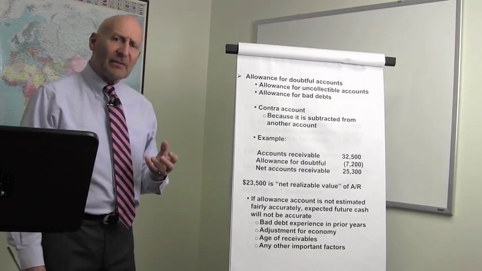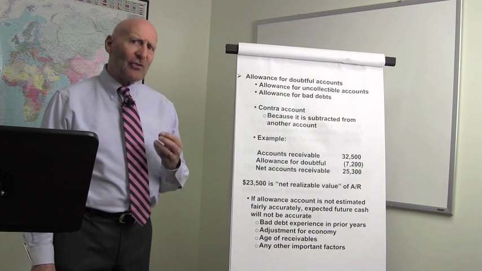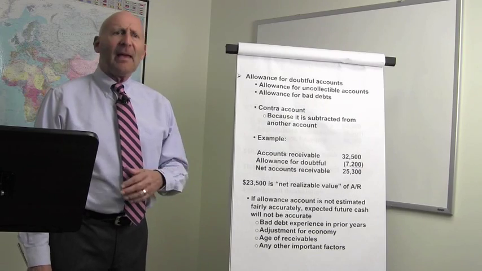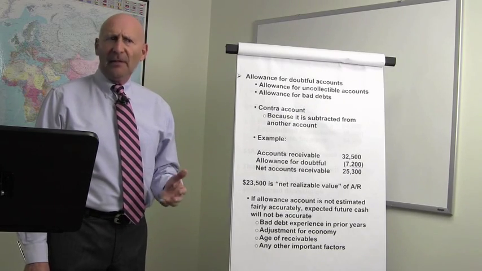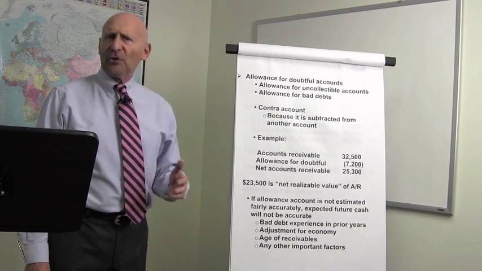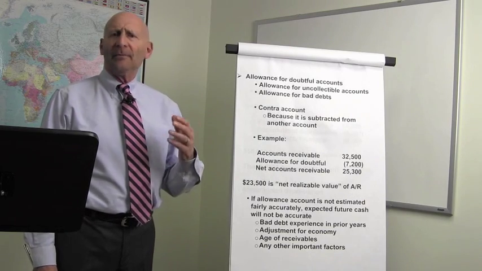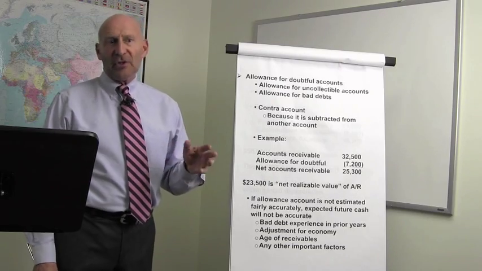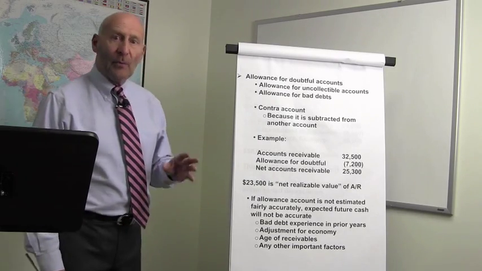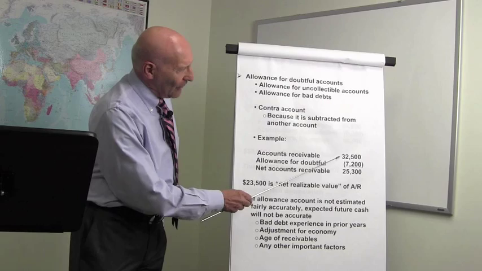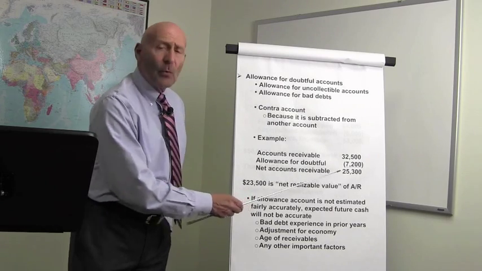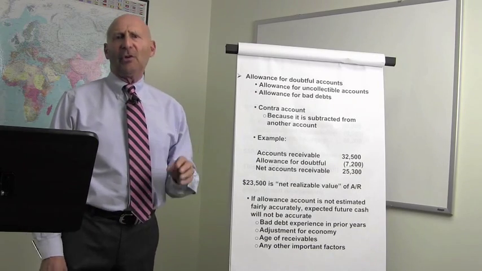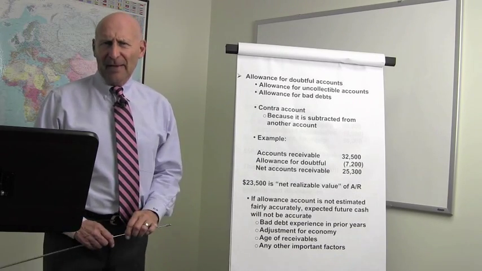That means this is what your client actually thinks he or she is going to collect after all of the invoices are mailed out periodically, after all of those customers pay either currently, 30 days, 60 days, 90 days past due. This is telling us that out of the $32,500, we really think that only $25,300 is going to be collectible, a net realizable value.